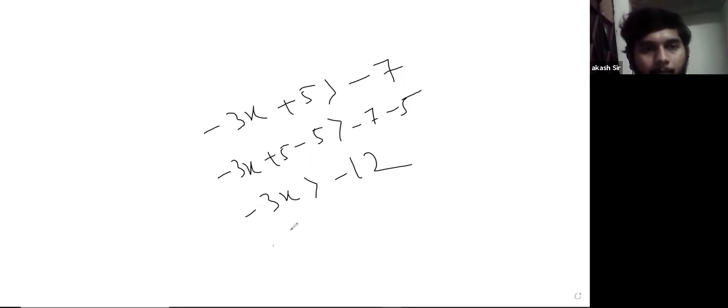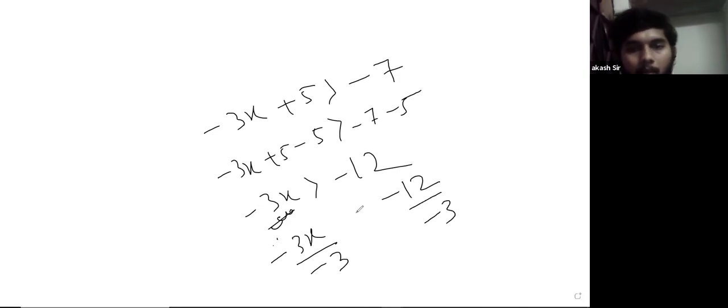We can divide by -3 also. So let's do it in the next step. So what is the sign that I'm going to put here? Should I put a greater than sign or less than sign? Gautam: Less than sign. Okay, Gautam, what do you think?